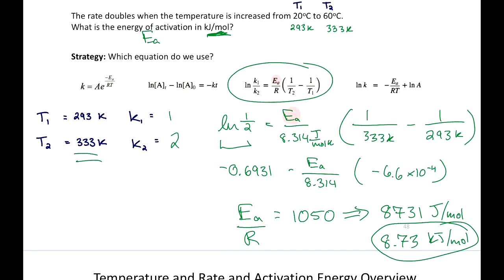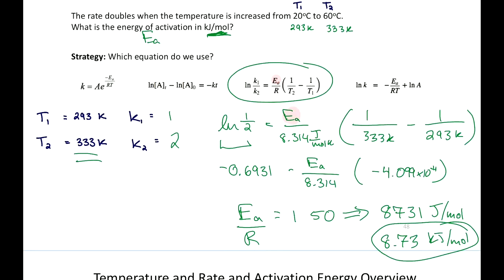Oh, this number is wrong. I'm sorry about that, guys. Okay, so within the parentheses here, it is negative 4.099 times 10 to the negative 4. Does that look better? Yes, okay. So we were off by a little bit. 0.6931 divided by 4.099 e negative 4.